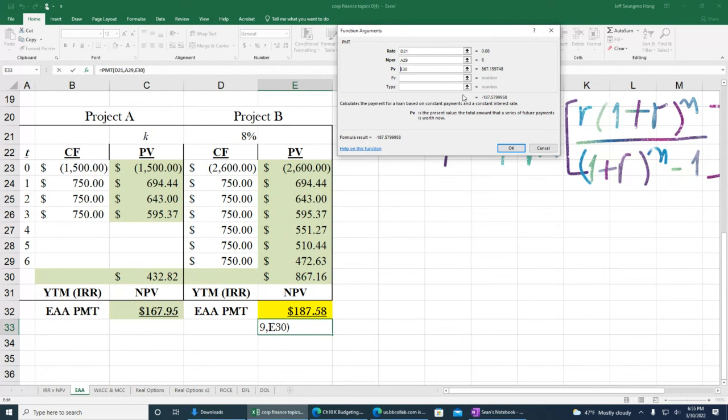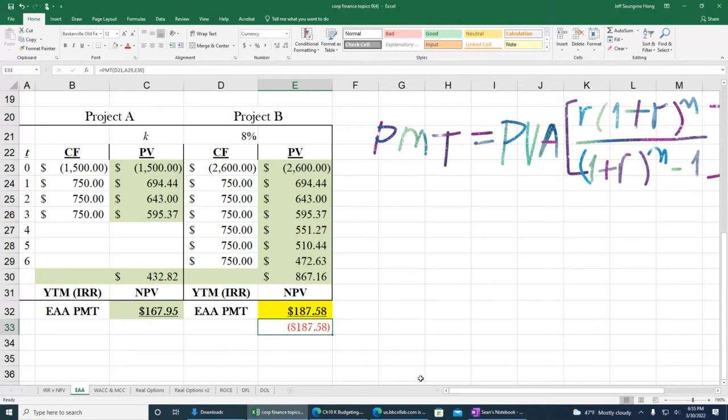One more thing you need to remember is that if you do this, the result will come out as negative. But what does that mean? It means in a financial calculator, cash outflow is always negative.